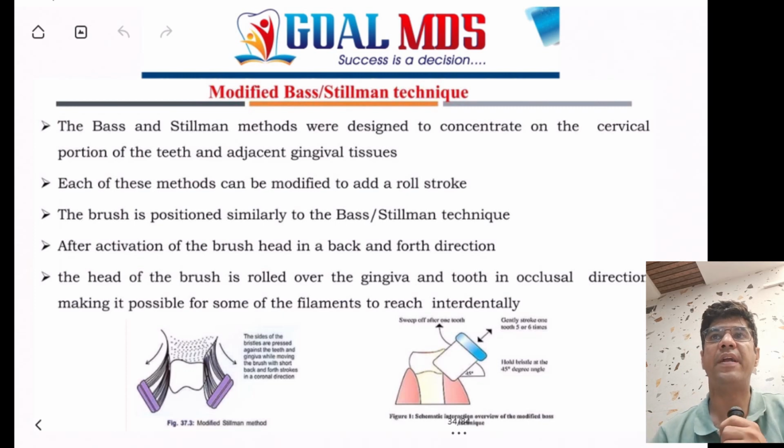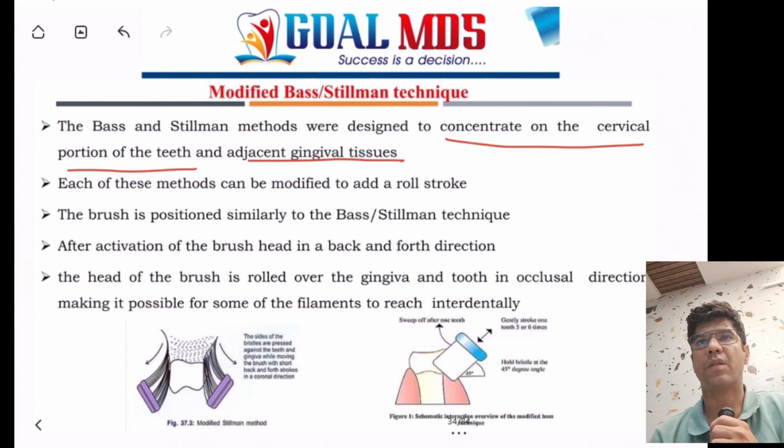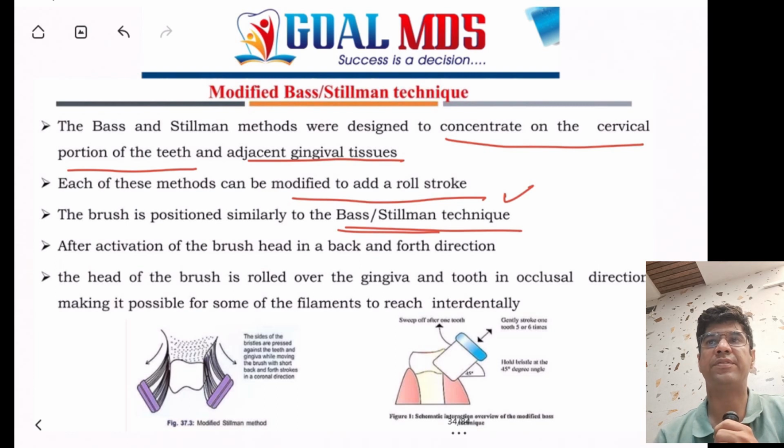Other is the modified Bass or Stillman technique. They were designed to concentrate on the cervical portion of the teeth and adjacent gingival tissue. Each of these techniques can be modified to add a roll technique. The brush is positioned similarly to the Bass technique.